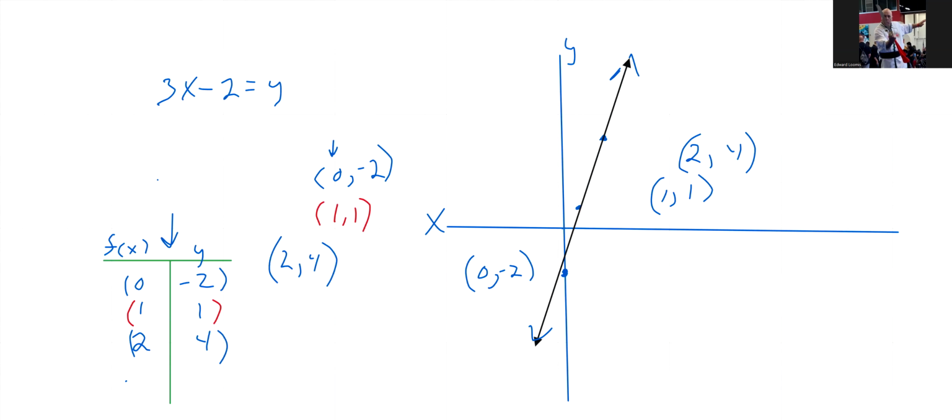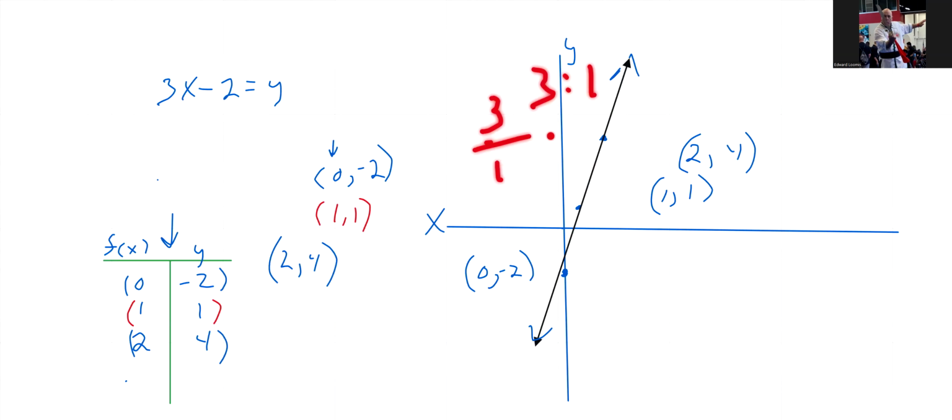How far does it rise? 1, 2, 3 over 1. So the rise is going to be 3 to 1. That is your slope of the line. The rise is 3, the run is 1. Your slope is 3 to 1, however you want to write it.